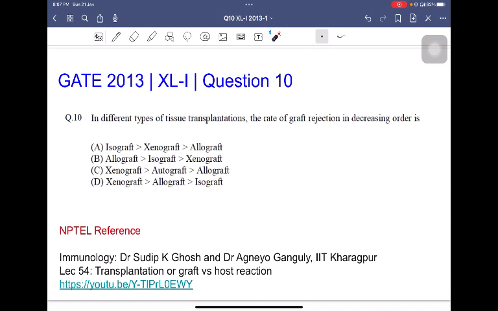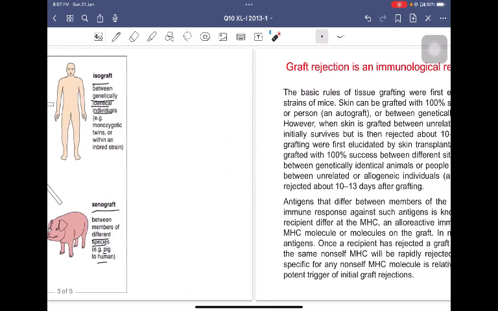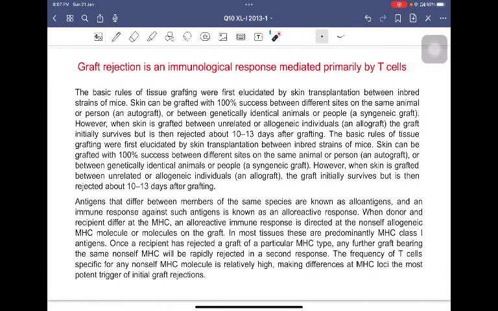When this graft is rejected, the transplanted organ cannot survive in the body. So why does graft rejection occur? Graft rejection is an immunological response which is mediated primarily by the T cells. The basic rules of tissue grafting were first elucidated by skin transplantation between inbred strains of mice.